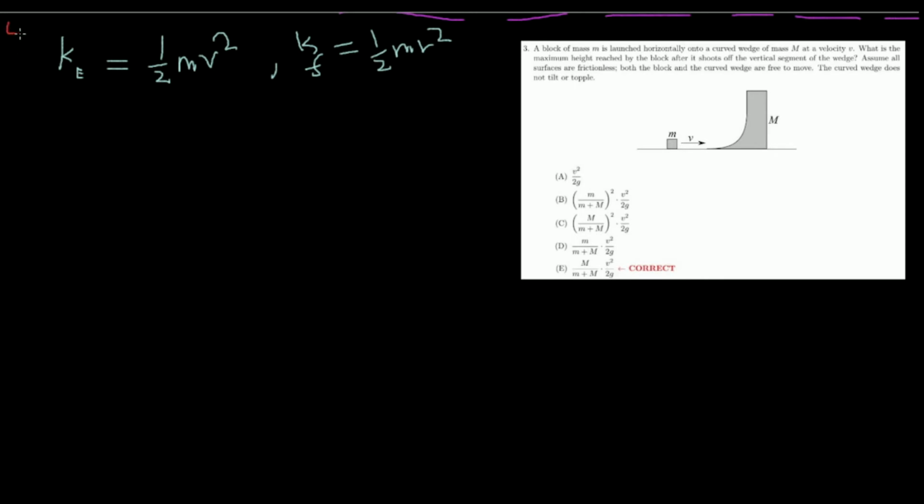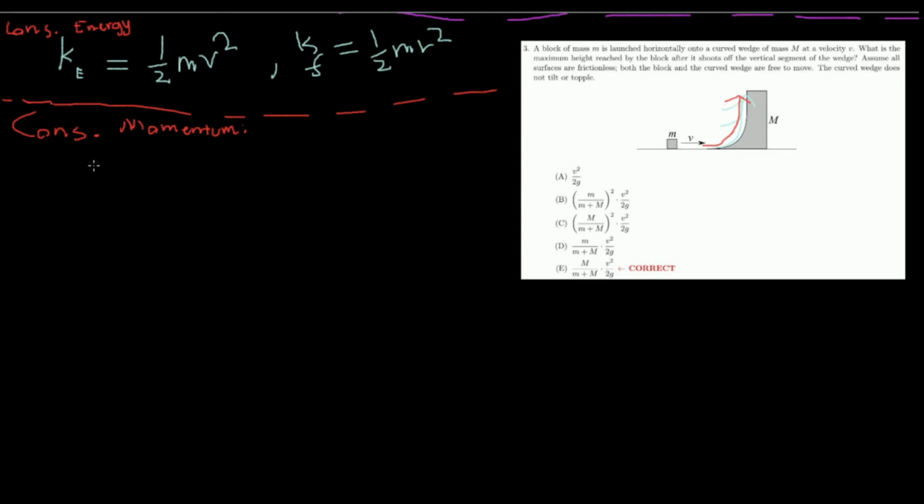So essentially we have an inelastic collision when this mass m is sliding along this path. Sliding along this path is essentially going to be an inelastic collision.